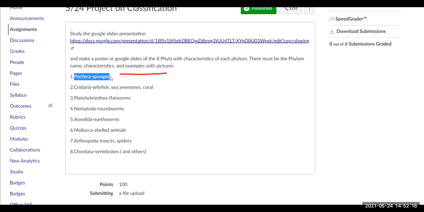We have Phylum Porifera, Phylum Cnidaria, Phylum Platyhelminthes, Phylum Nematoda, Phylum Annelida, Phylum Mollusca, Phylum Arthropoda, and Phylum Chordata. So all of this can be found on the slides, and you can add more information.